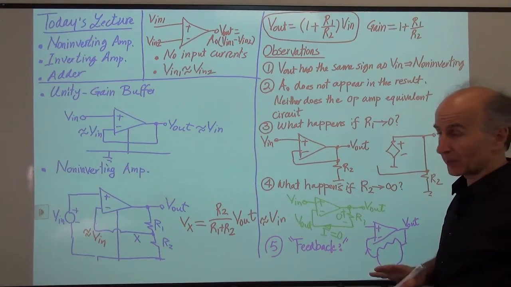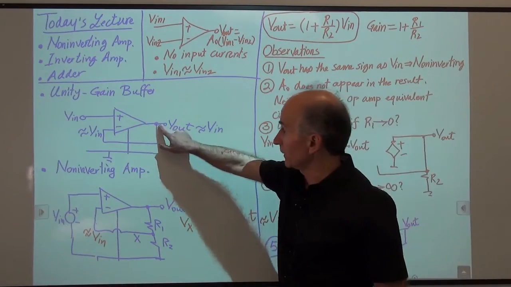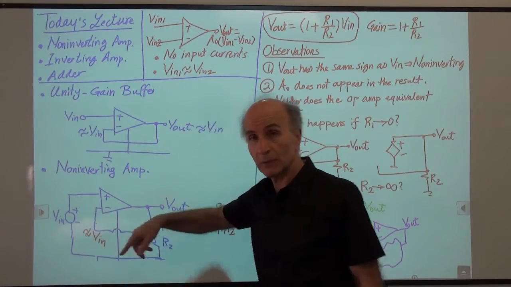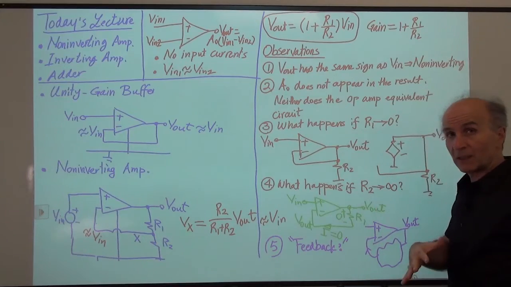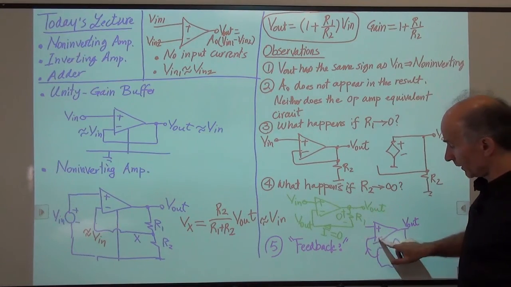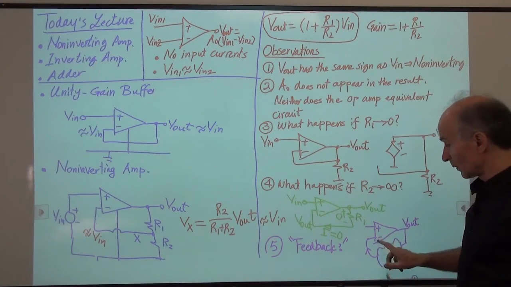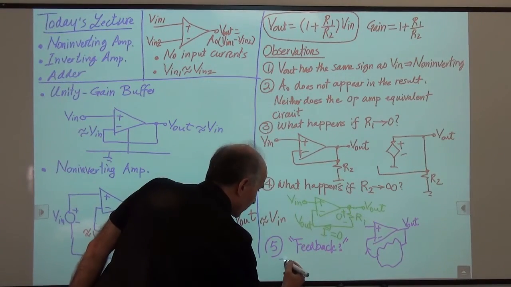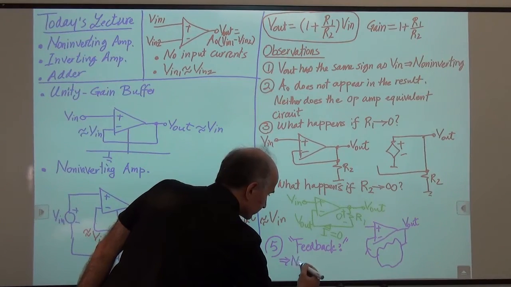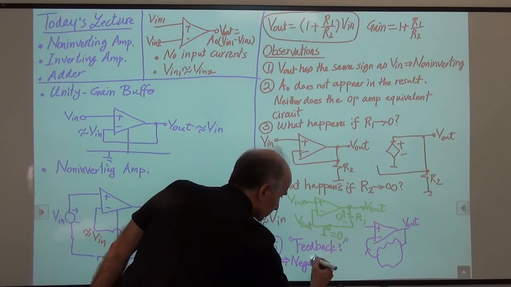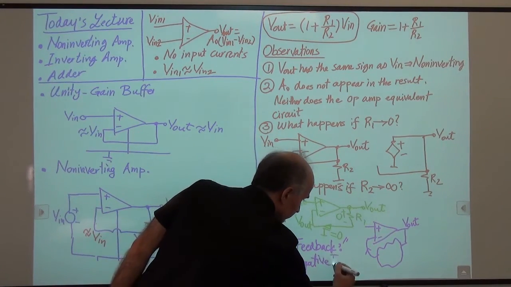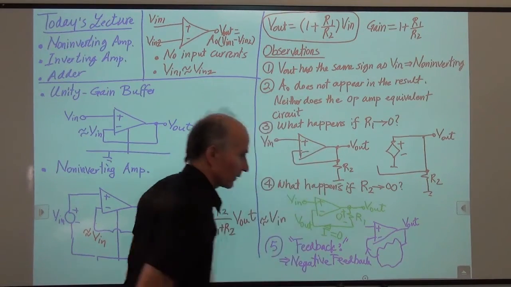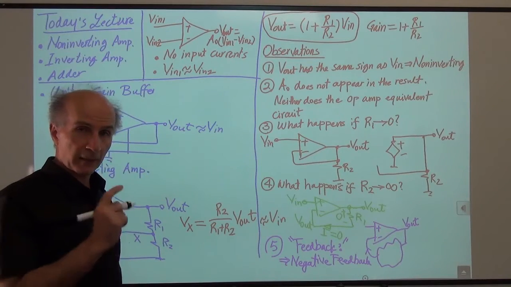You can see here that the feedback is back to the inverting input. Here's back to the inverting input. In general, for the circuits that we're studying here, it's always going back to the inverting input. That's an example of what we call negative feedback. All right, so that's another key concept that we have here.